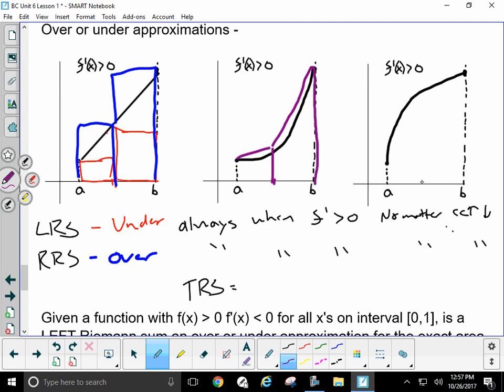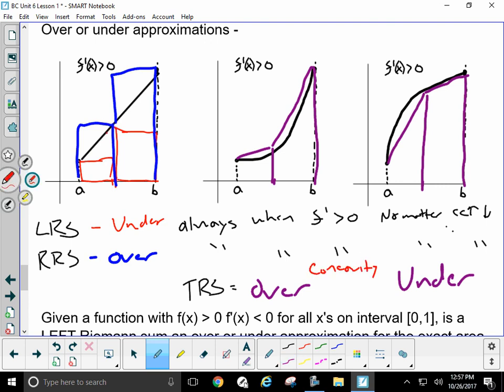Because I'm connecting with straight lines, we should be able to tell that the first one is going to be over, and the second one's going to be under. So for a trapezoidal Riemann sum, concavity matters.